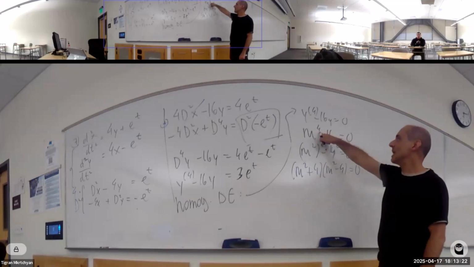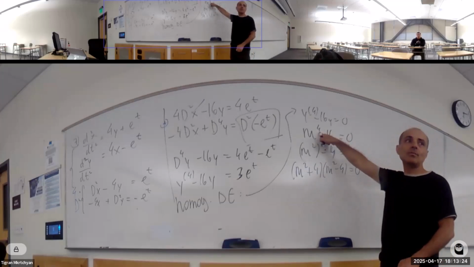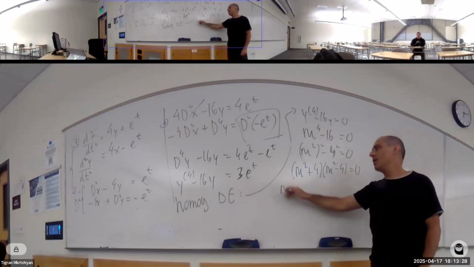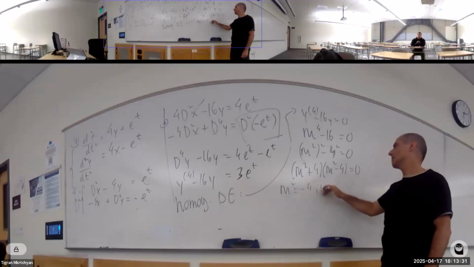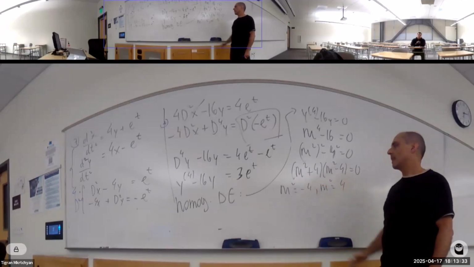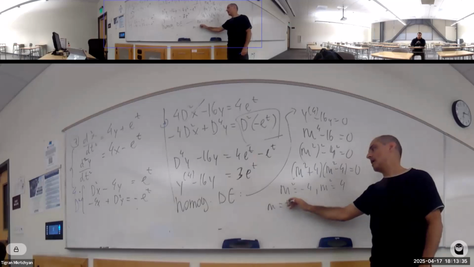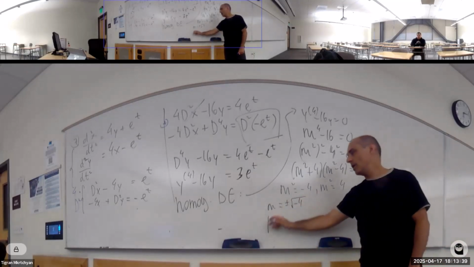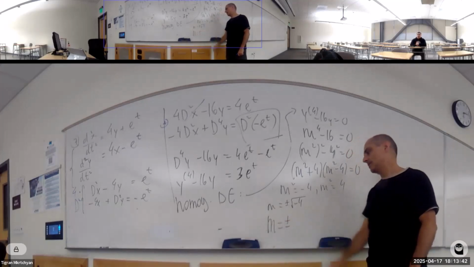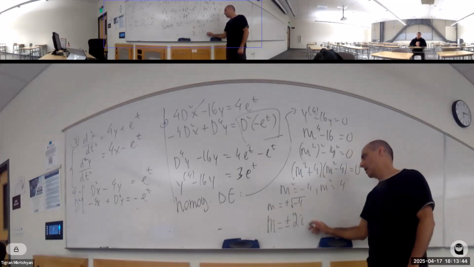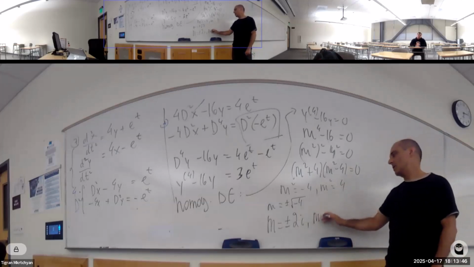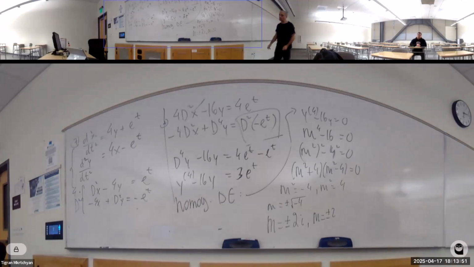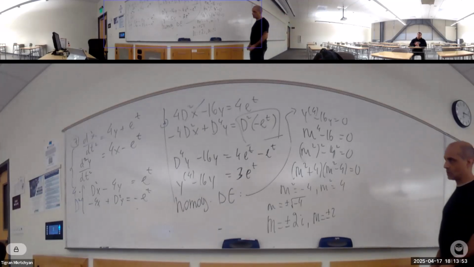If it's a degree 4, you want to have 4 solutions, even if they repeat. So now it's okay to go this way. That will give us plus or minus 2i, and that will give us plus or minus 1. So we got 4 solutions: 2 complex, 2 real. Questions so far?